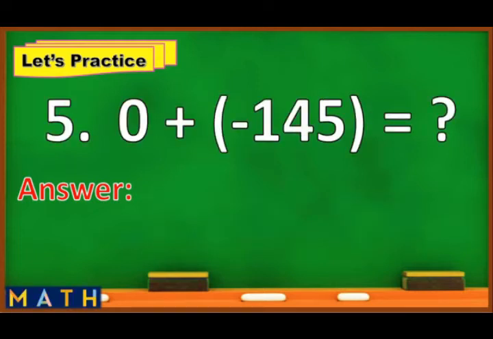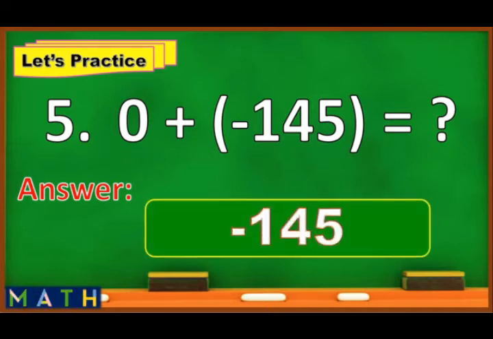For item number 5, 0 plus negative 145, the answer is correct. It's negative 145. Any number added to 0, the sum is the number itself. For that reason, the answer is negative 145.